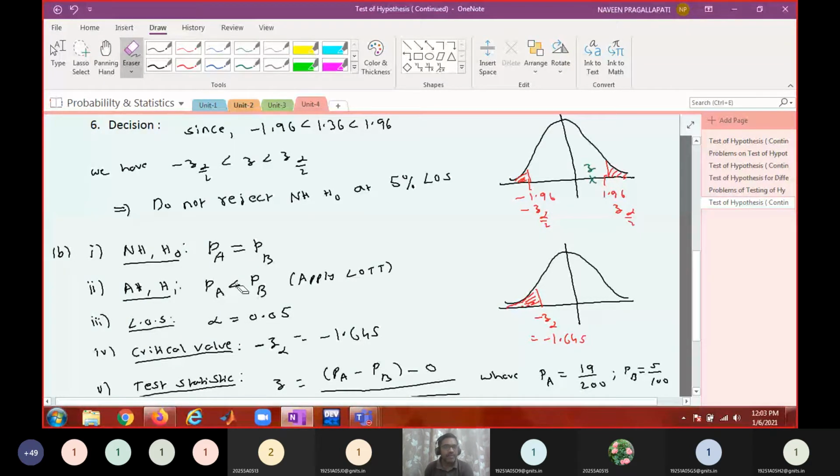Do you agree? Here defectives are more. Here defectives are less. Less defectives, more superior. More defectives, less performance. Do you agree?